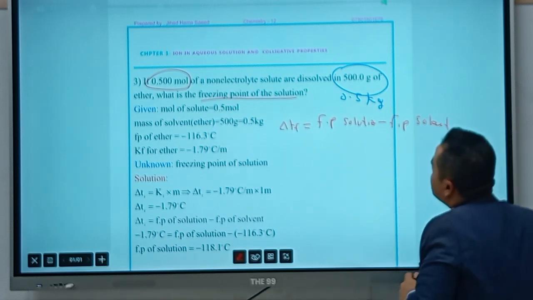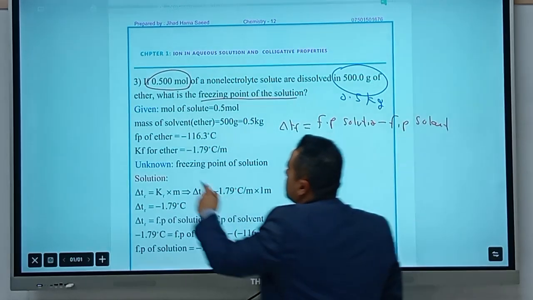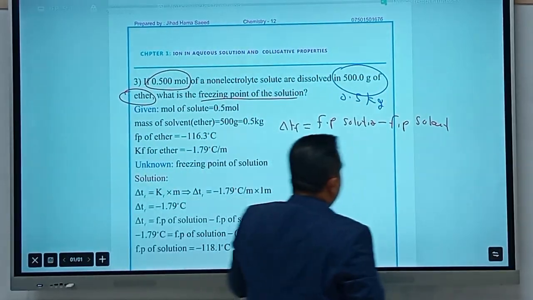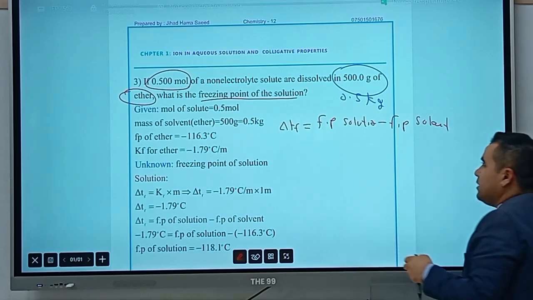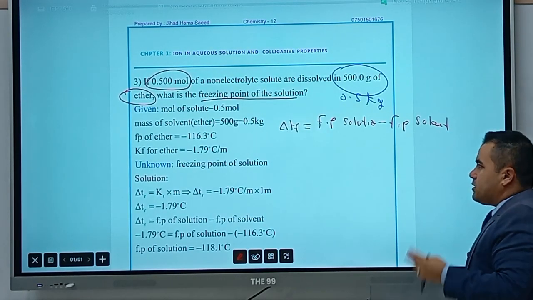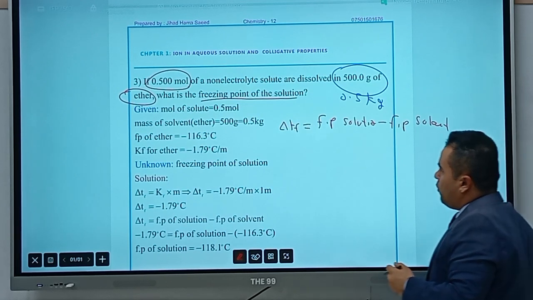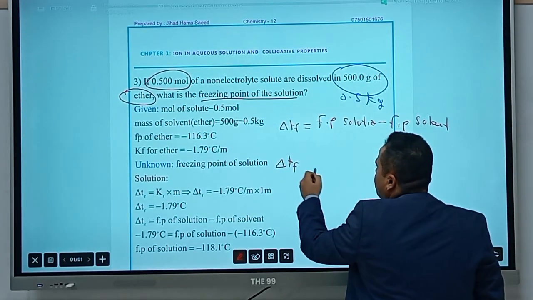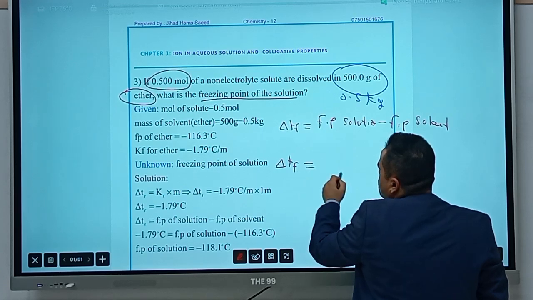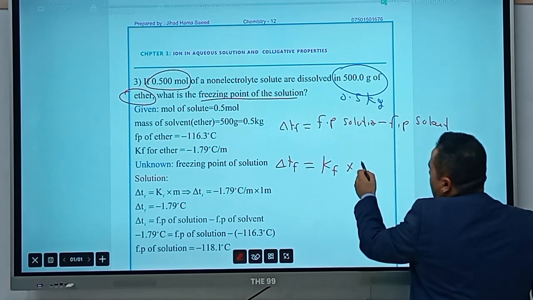And the solvent here is ether, not water. So the freezing point of solution is not equal to delta TF, because ether has a freezing point different from 0. How to solve for it? First of all, find delta TF, which is equal to Kf multiplied by M.